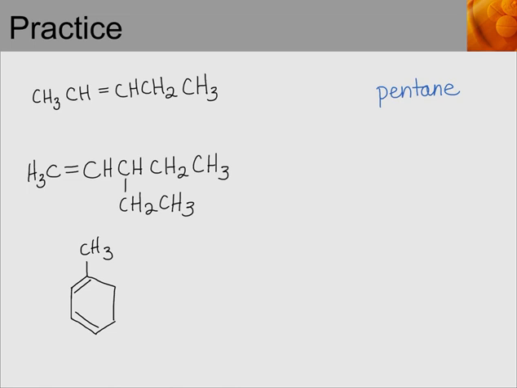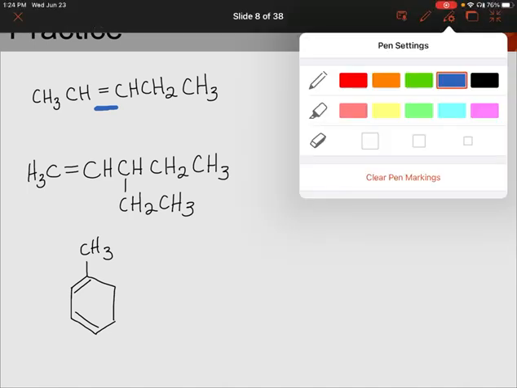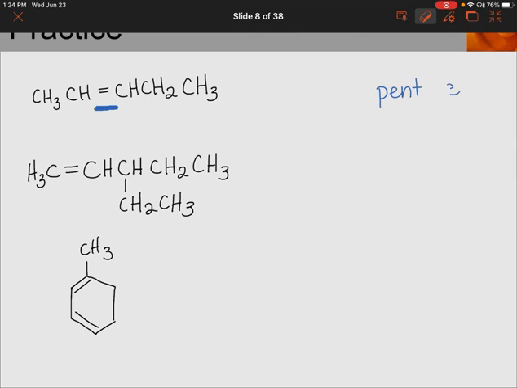So if you're having trouble remembering the prefixes, just go through those flashcards. Make sure to practice. Okay, now there is a double bond in our structure, so we want to change our ending to ENE instead of ANE.